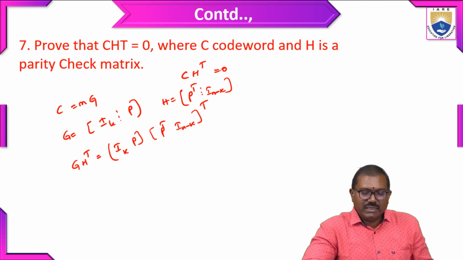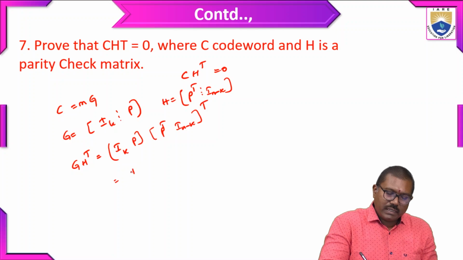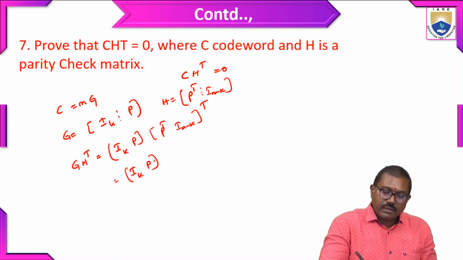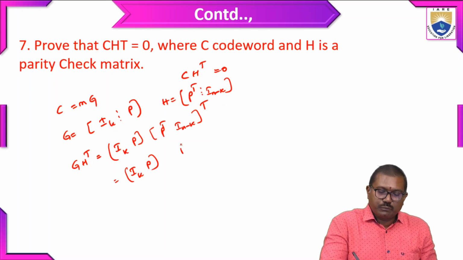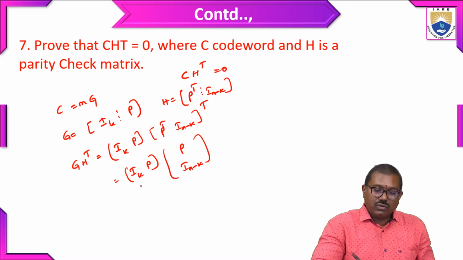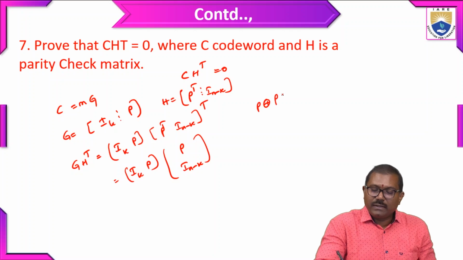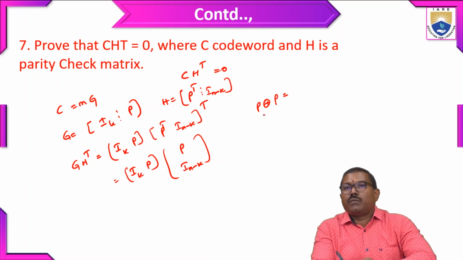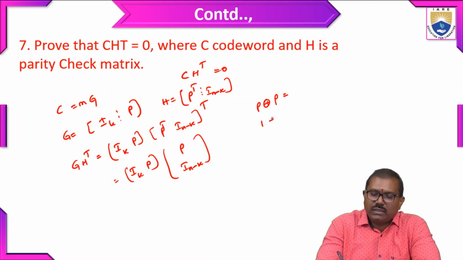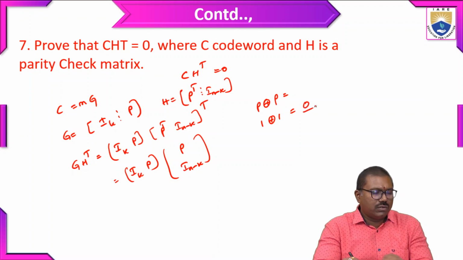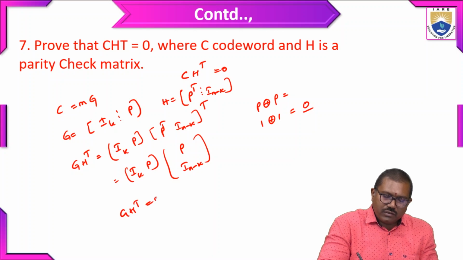This is G H transpose. Okay, so again I_K P and P transpose of transpose returns P, and this is I_(n-k). So already we know the XOR or modulo sum of P with P, for example 1 XOR 1, what will result? 0. So here also this G H power T goes to 0.